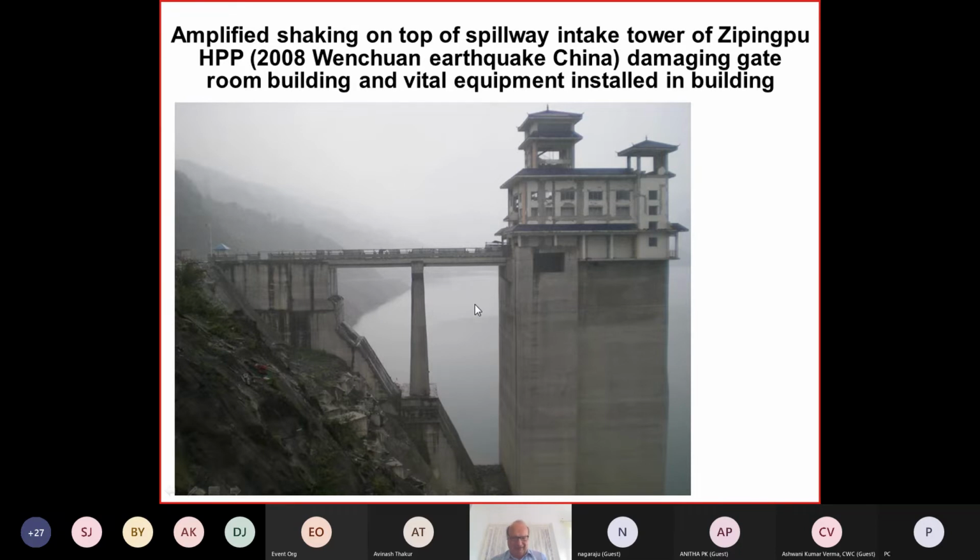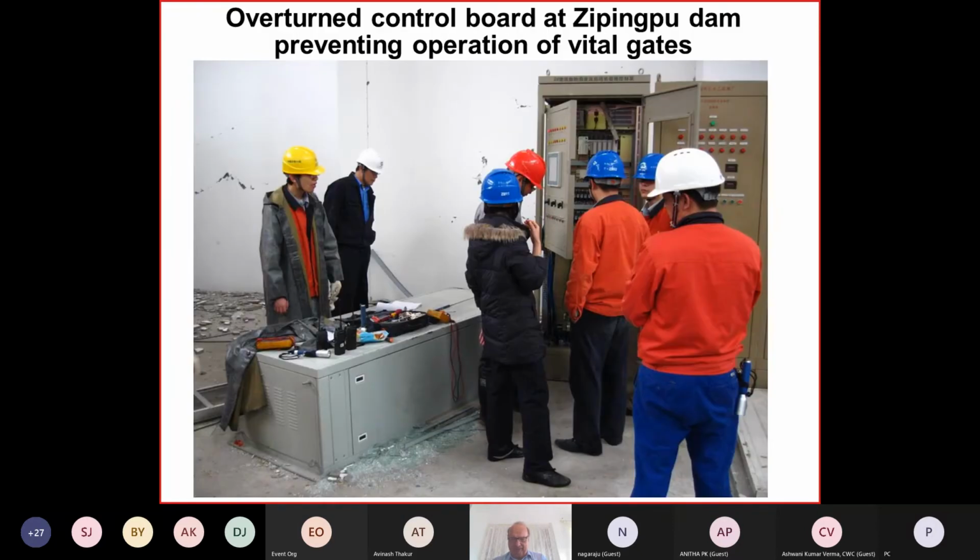And it is clear, if you cannot control the reservoir level after the earthquake, the dam has been damaged, and you cannot lower the reservoir, eventually it would be overtopped, and the gates could not be operated because the control units here failed.